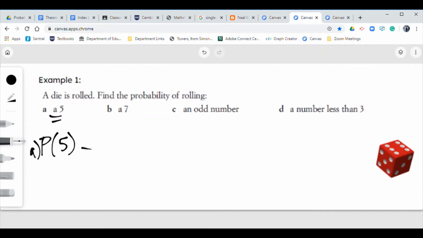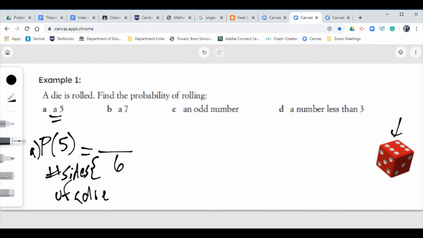On the bottom of the fraction, we have to figure out the total possible situations, which is the number of sides of a die. What is the number of sides on a regular dice, which I have right here? Well, we got 6 sides.